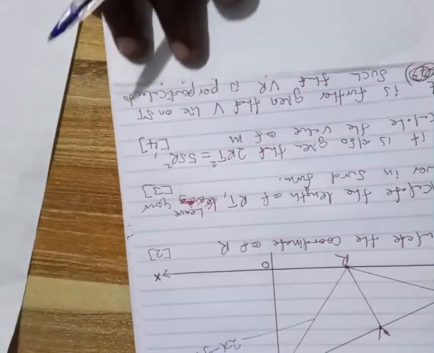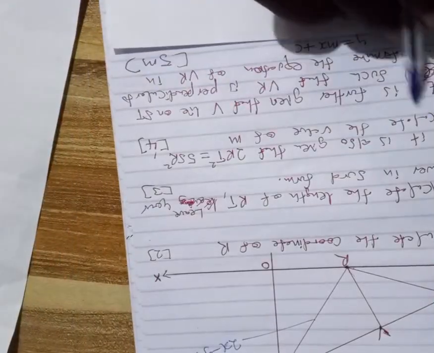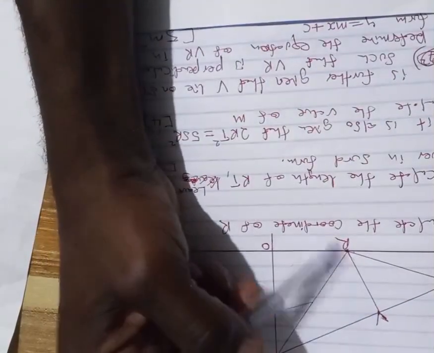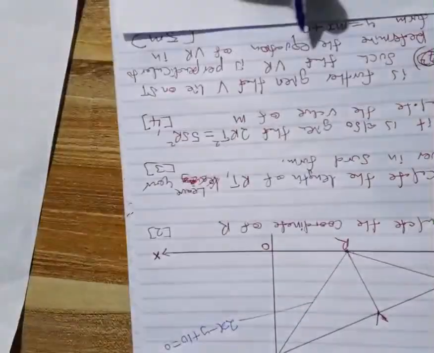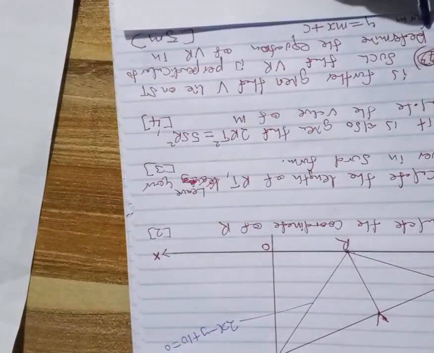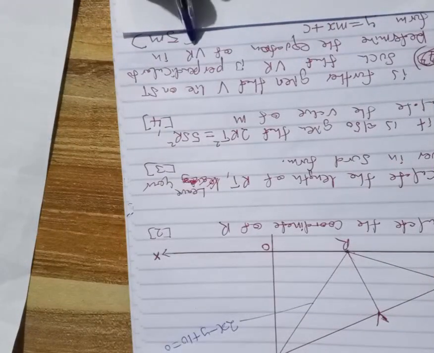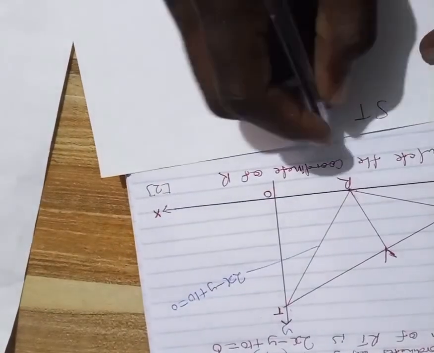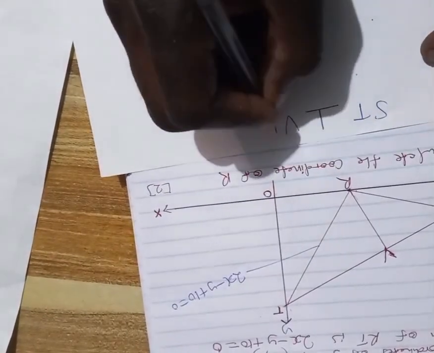So as you can see, this question is saying, if it is further given that V is on ST, and VR is perpendicular to ST, find the equation of VR. So for perpendicular lines, ST is perpendicular to VR.